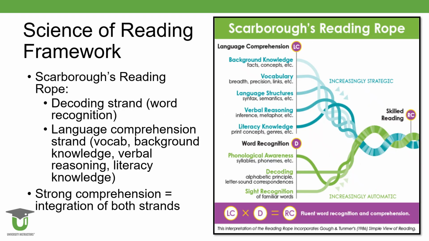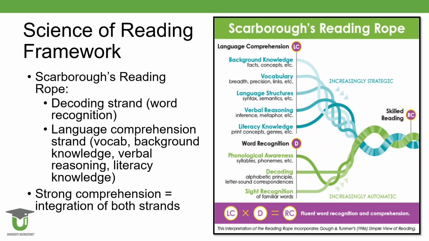Scarborough's reading rope is a helpful way to visualize how skilled reading develops. It shows that comprehension depends on the integration of two main strands. The first strand is decoding, which includes word recognition skills such as phonemic awareness, phonics, and sight word knowledge. The second strand is language comprehension.